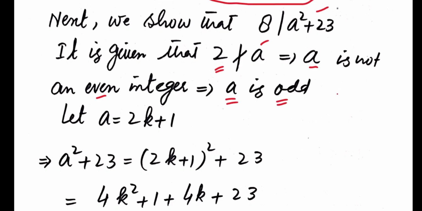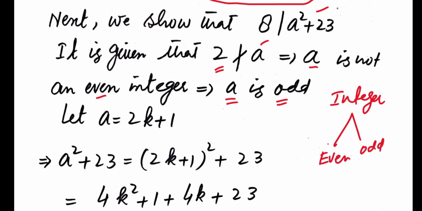In integers, there are only two types of numbers, either even or odd. So if a is not even, it is an odd integer, and an odd integer has the form 2k plus 1.